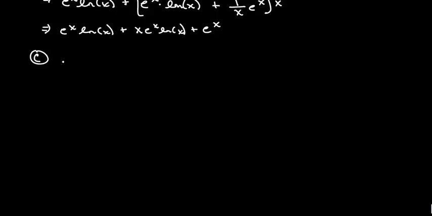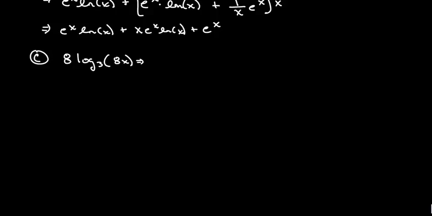So c says let's take 8 times the log base 3 of 8x. Now I'm going to work on this 2 different ways. So way number 1 is to go ahead and do the derivative. Okay, so let's go ahead and do a substitution here.